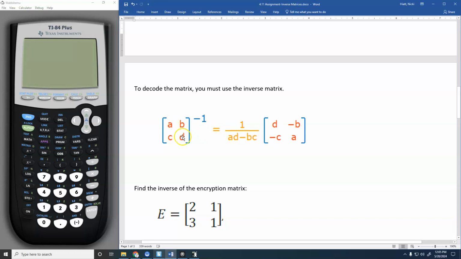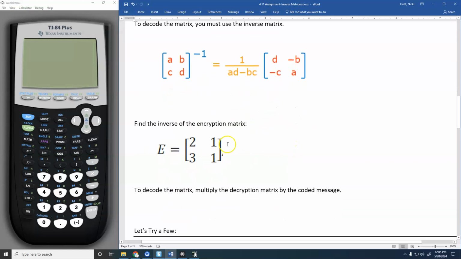So you'll do A times D minus B times C. So whatever's in the A position times the D position minus B position times C position. And then you're going to multiply that by the rearranged matrix. So A and D switch places here, and then B and C stay where they're at, but they change signs. Okay? So let's get the inverse matrix for this one.